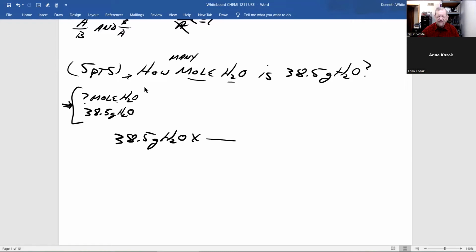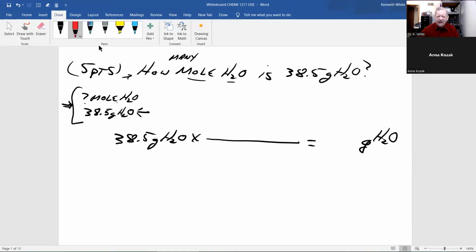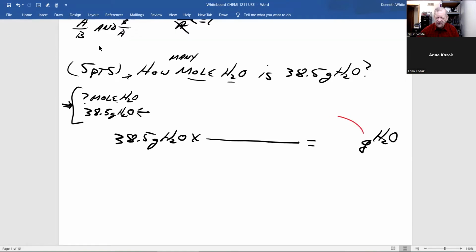And if there was some conversion ratio, what units do I want my answer in? Grams of water. And now we use our good buddy, our good friend, unit analysis, and whatever we're trying to get to goes on top of the ratio, and whatever we're trying to get rid of goes underneath.